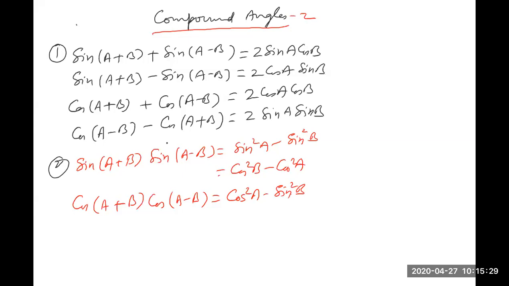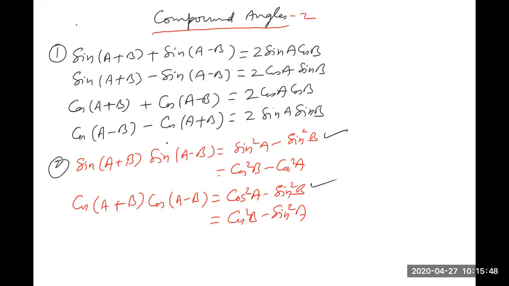In the first one, both are sin or both are cos, but in the second one, one is cos, another is sin. So this you can convert in the form of cos square B minus sin square A. Generally, we remember this formula and this formula. Others are derivations.